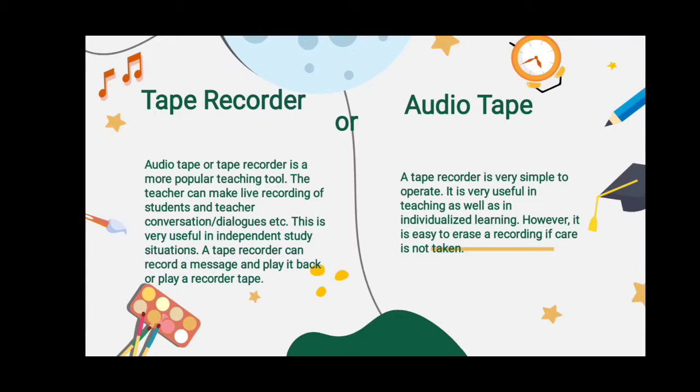A tape recorder is very simple to operate because the teacher only needs to record their explanation on the tape recorder, and then the student can play it as much as they want to.